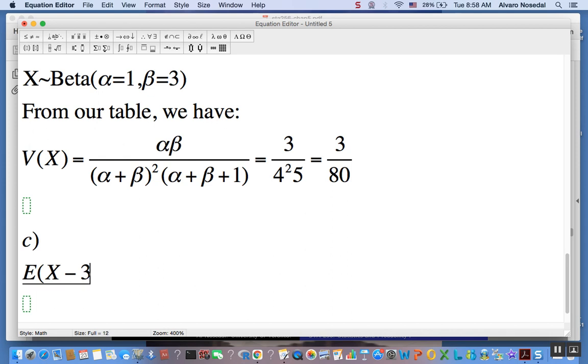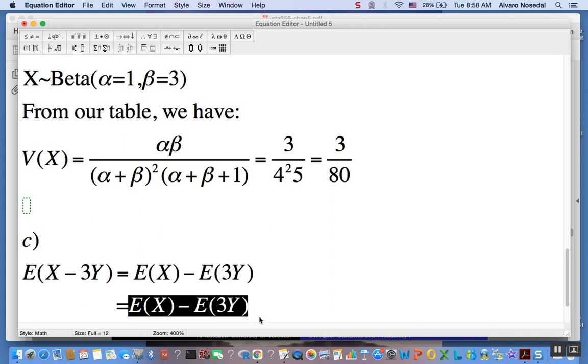What we have to remember is that in the bivariate case we have basically the same properties as before. The expected value of a sum is the sum of expected values, and the expected value of a constant times a random variable is the constant times the expected value of the random variable. So we get to factor out that 3.